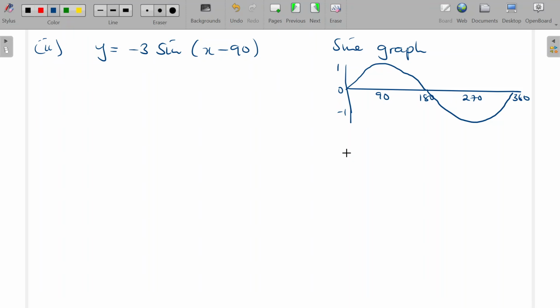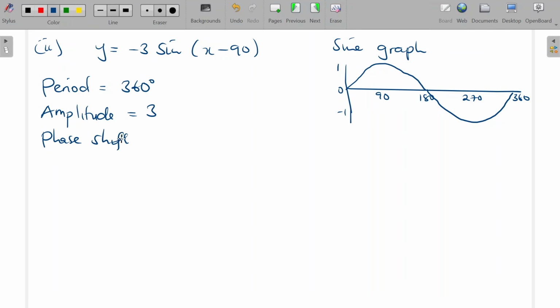We've already calculated the period, which is 360 degrees. Our amplitude is positive 3. Then our phase shift is X equals 90, meaning it is shifting to the right by 90.